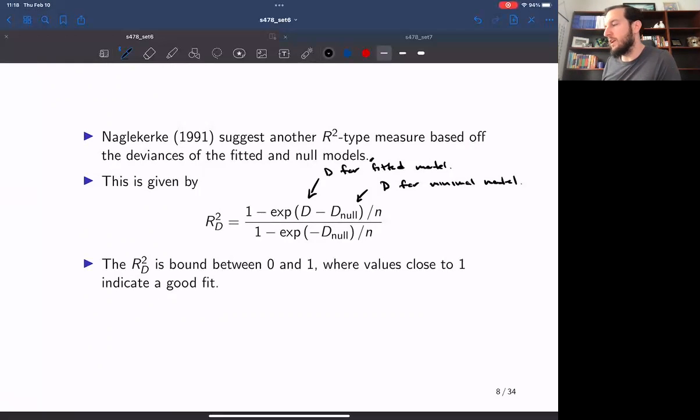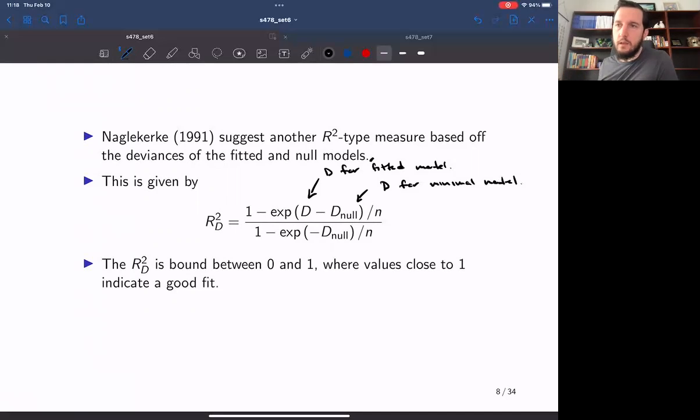Basically what we're doing here is we have a representation of the improvement in fit of the fitted model compared to the minimal model based off of a transformation of the deviances.